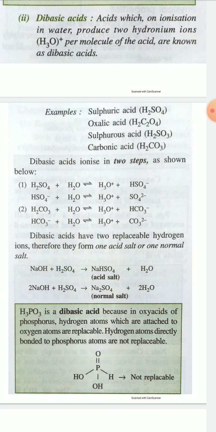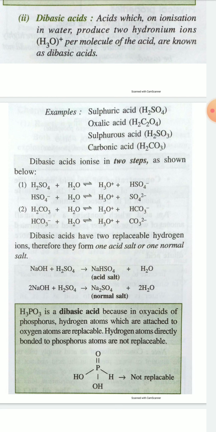So dibasic acids have two replaceable or ionizable hydrogen ions. Therefore, in the first step they form an acid salt, and in the second step they form a normal salt when reacting with a base.